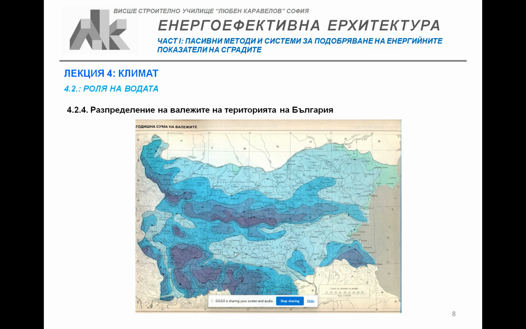Again, there is a different distribution of the amount of rainfall and water processes and moisture according to the local relief.